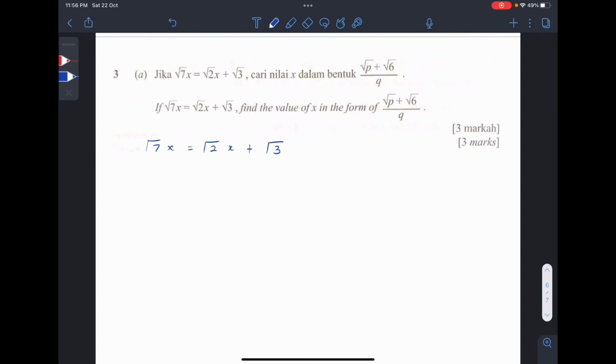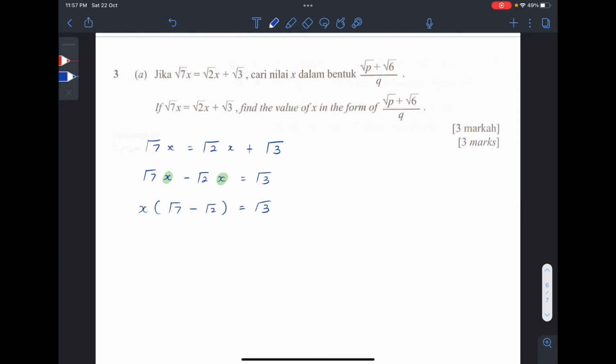So it will become root 7x minus root 2x equals root 3. Okay, now that it's together, what's in common that you guys can see? It's going to be the x, right? So that's in common, so I can factorize. So x times root 7 minus root 2 equals root 3.